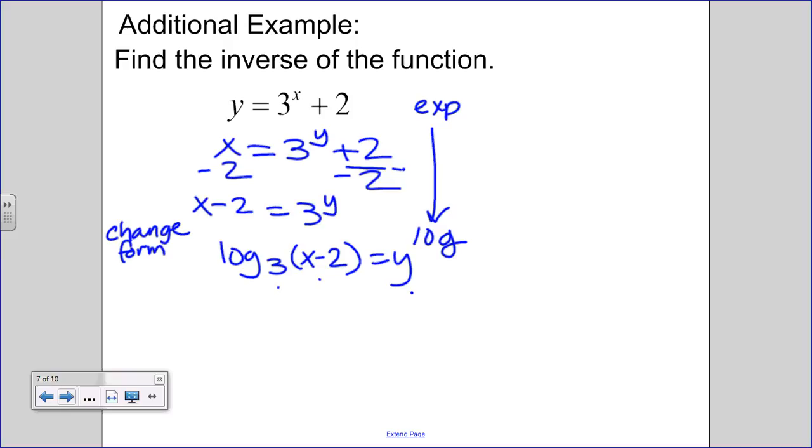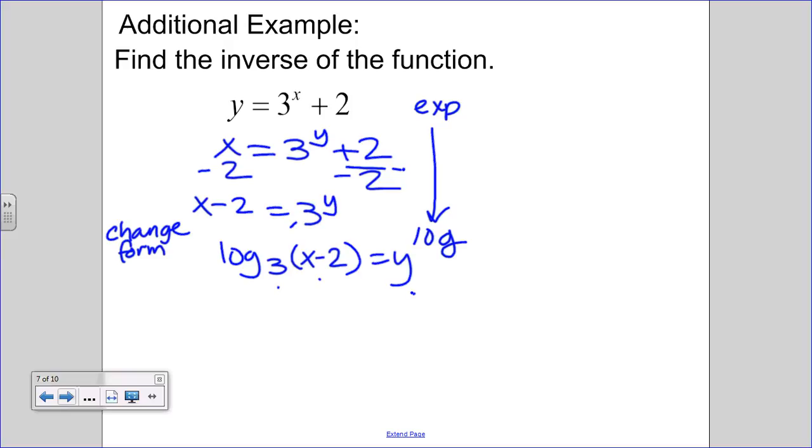Just a reminder, when you change form, it's not just adding a log in front of this 3 to the y. That's where you go to the outside and then go back to the inside. It's not just adding a log to one side of the equation. That's where you can get caught up sometimes.